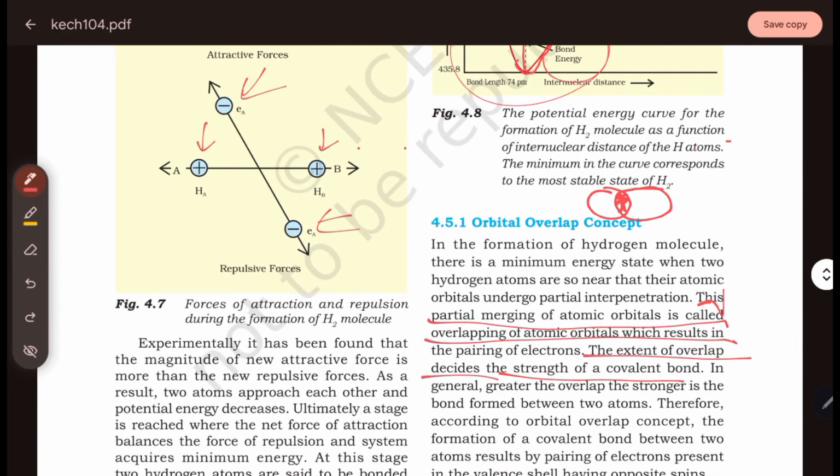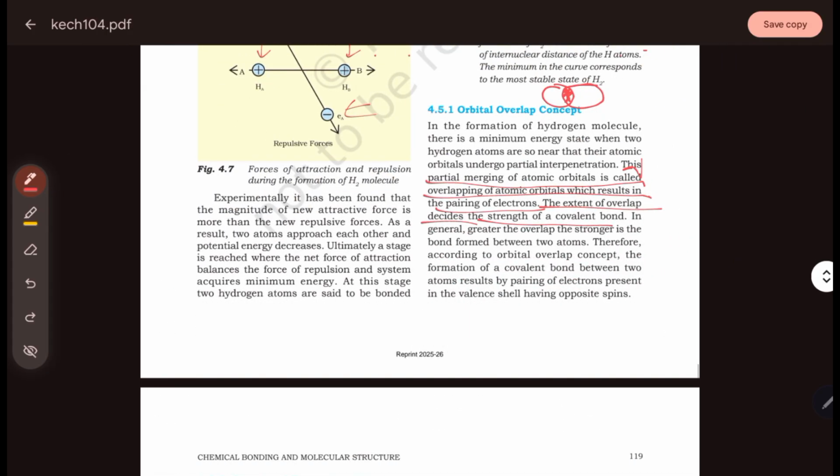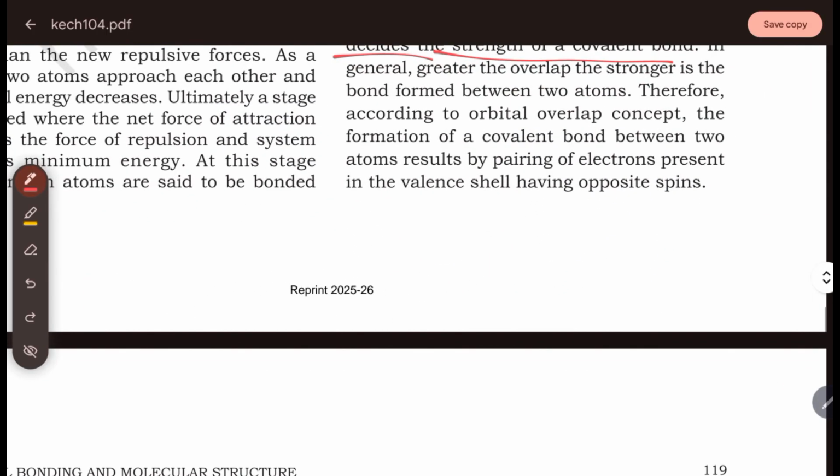And in this zone, there occurs pairing of electrons. So from each atomic orbital there will be one unpaired electron, and in this zone, the pairing of the electrons occurs.